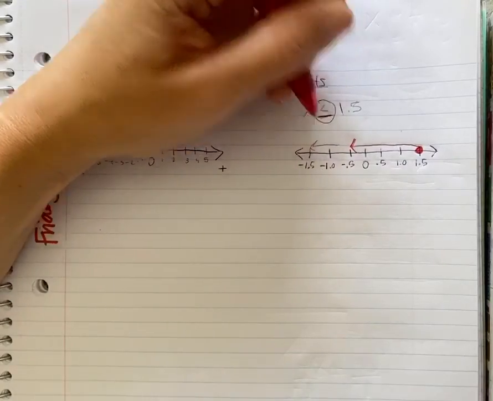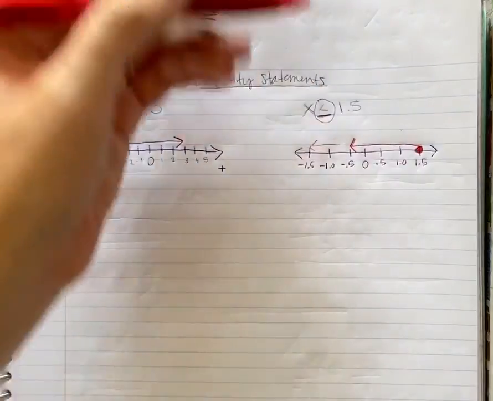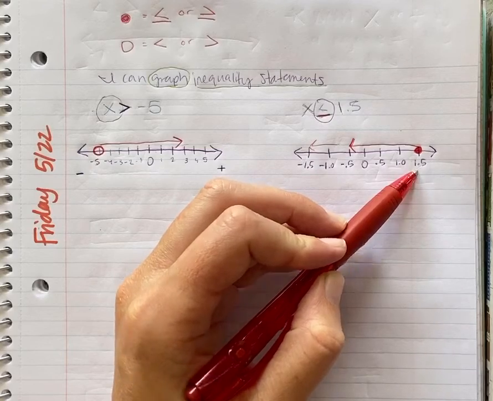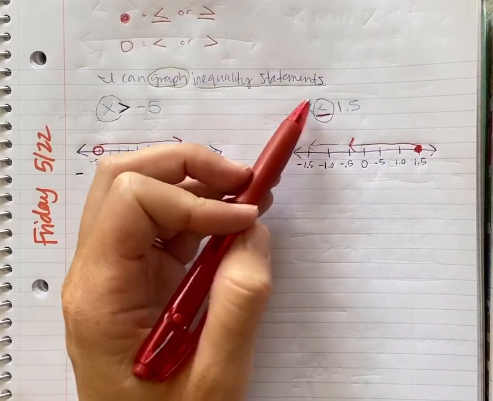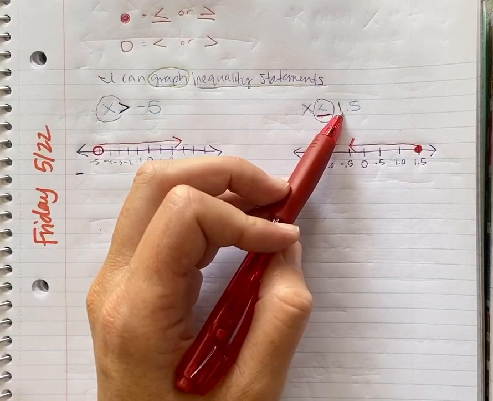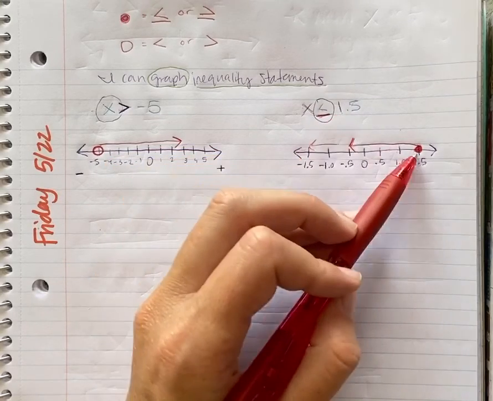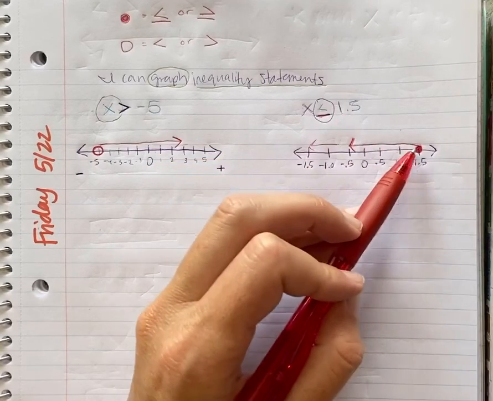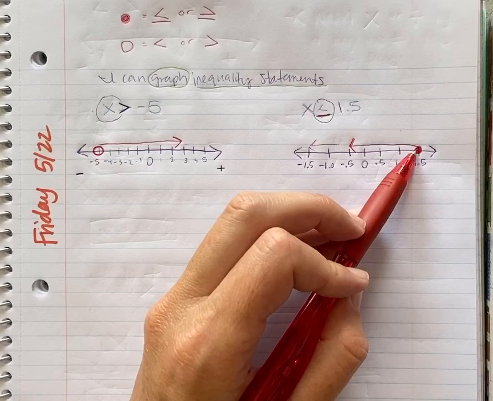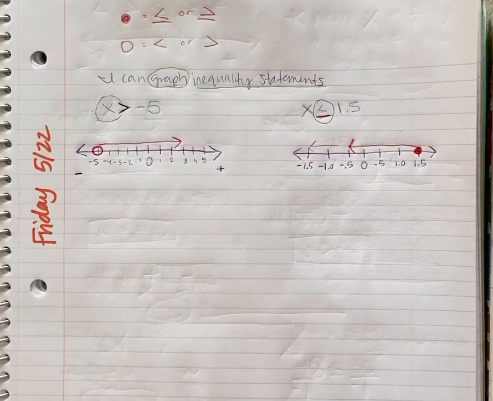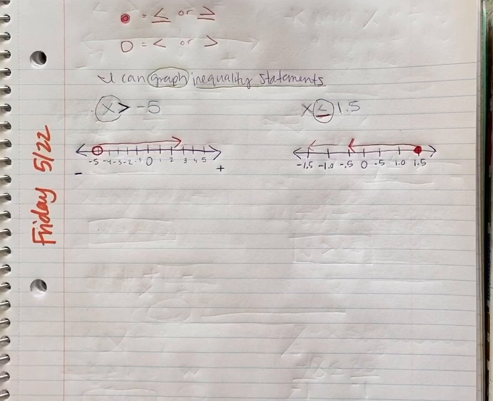So if it has a line under it, that means we close the circle because that actual number could be included as a possible response, because 1.5 is less than or equal to 1.5. So my circle is going to be closed on that number. And then which direction represents the numbers less than 1.5? Well, it'll be going this way to the left. Okay, and that's it.